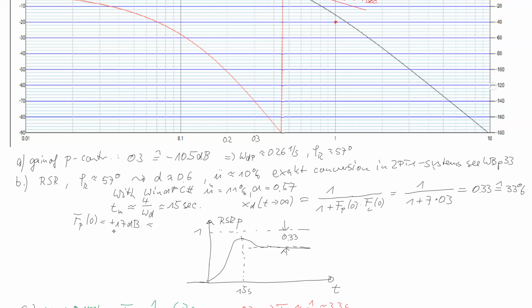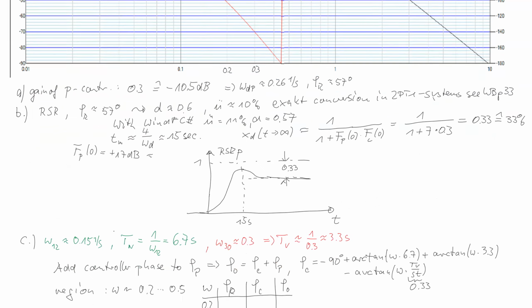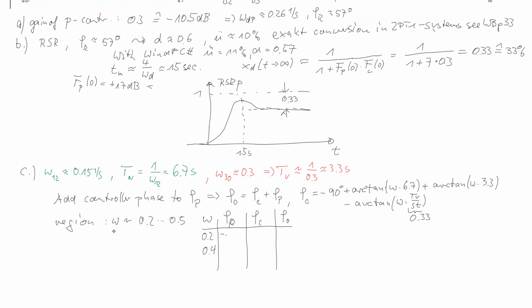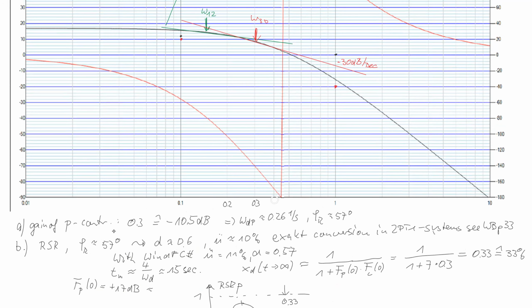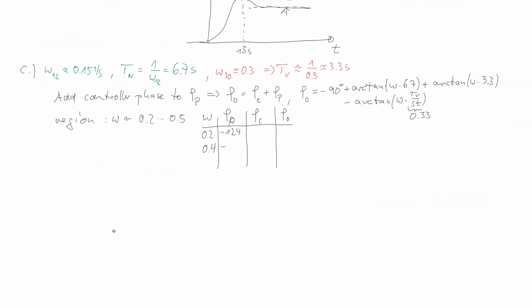We have 5 divisions, so each division is 4 degrees. So this is negative 124. At 0.4 we have this value. This is 2 divisions under minus 160, which is minus 168. Now I calculate phi c with my calculator.